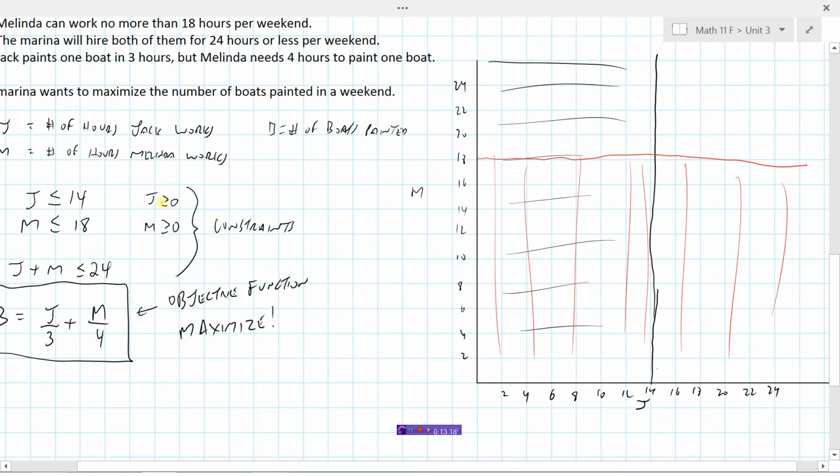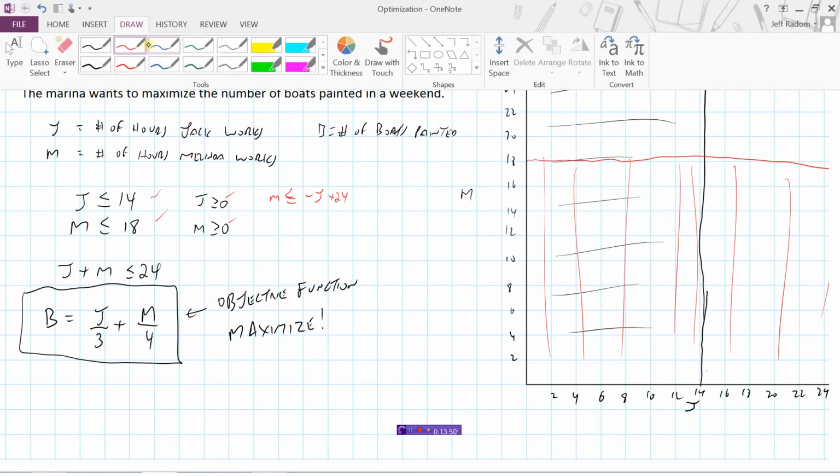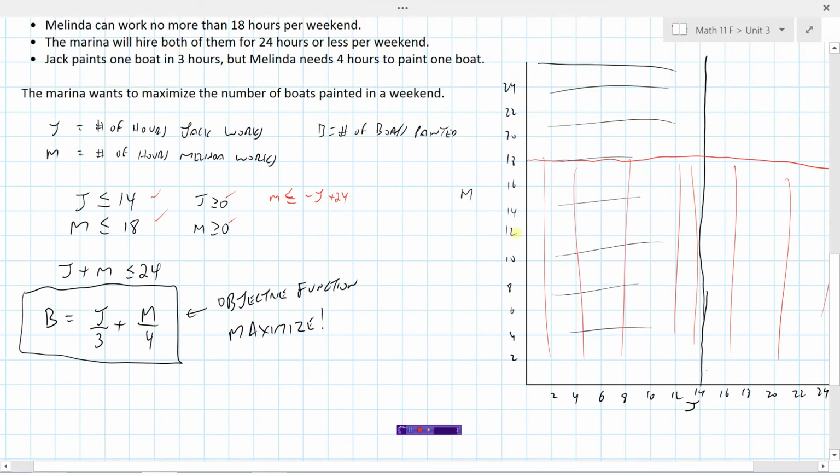Now, we know that J is greater than or equal to 0 and M is greater than or equal to 0, so we've already dealt with those because we have positive J's and positive M's. We haven't looked at this constraint yet. So let's do that. Let's isolate M. That's just bringing the J over to the other side, which gives us negative J plus 24. For this one, let's do this in blue. We've got a y-intercept of 24.